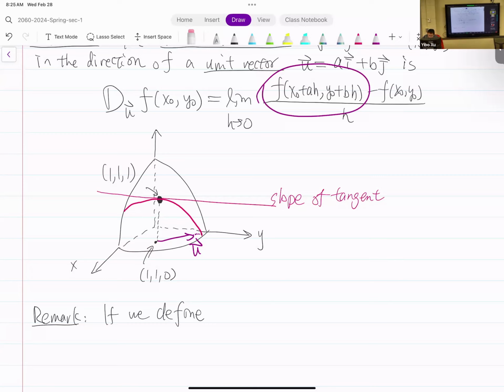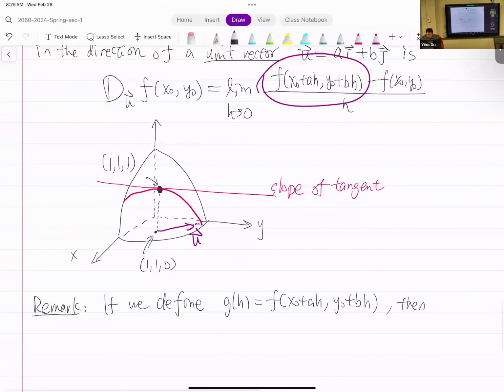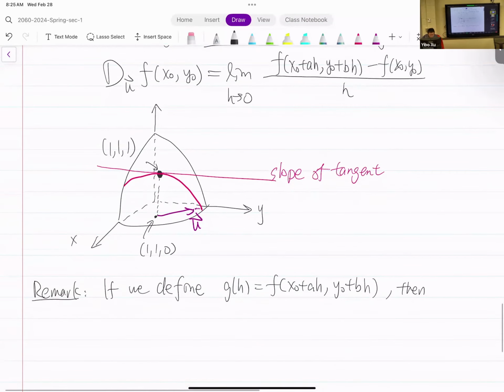So we still call this g. So this is g of h equals f of x0 plus ah, y0 plus bh. Then we realize this is the latter output, then the prior output is exactly g of 0, right? So the directional derivative, D sub u of f of x0, y0.